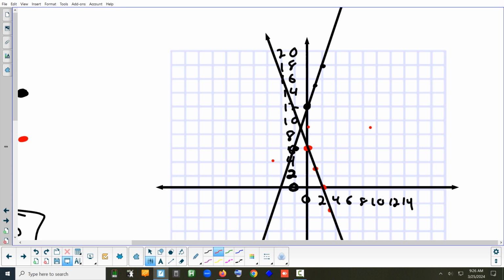So this graph goes by 2, right? So we've got to look at the scale of our graph to interpret where they cross. So what's the coordinate of this point right here?